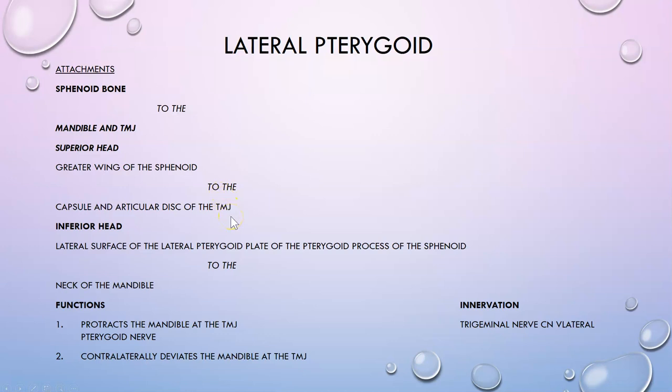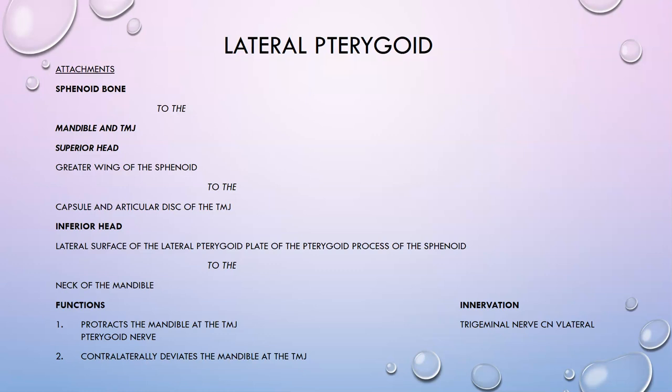So when I discuss the TMJ in class, you'll see that there's actually a meniscus in there and a capsule that surrounds it, because it is a synovial joint. When this muscle contracts, it actually pulls on the disc and pulls on the capsule. I'll explain that much further when I discuss the temporomandibular joint. But for now, just understand that the superior head does have an effect on that disc and on the capsule.